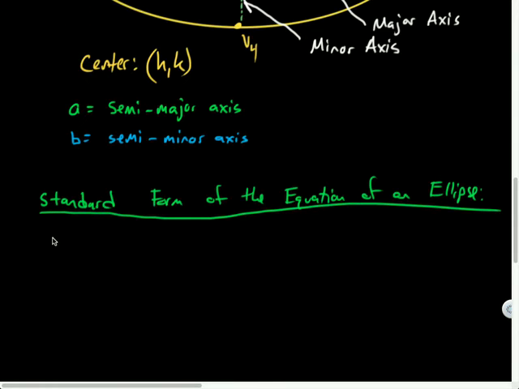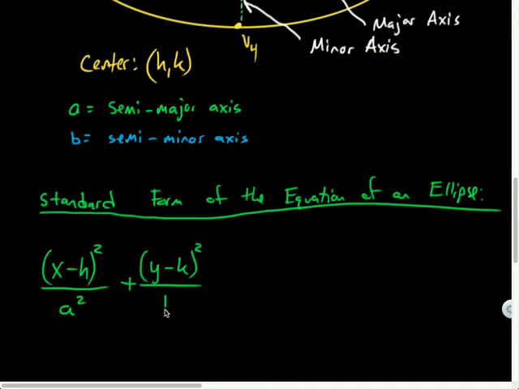All right, so for horizontally oriented ones, we'll have the following. It'll be x minus h all squared over a squared, and then that fraction is added to y minus k all squared over b squared, and this is always equal to 1.